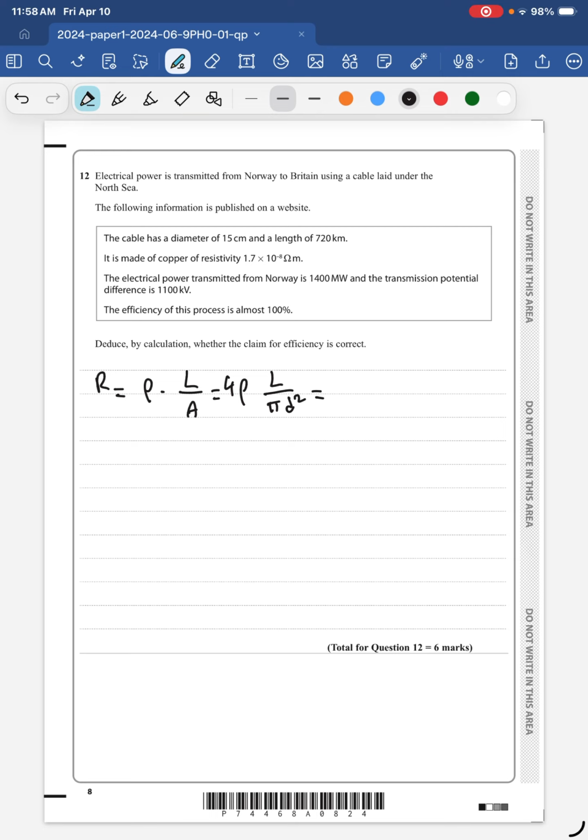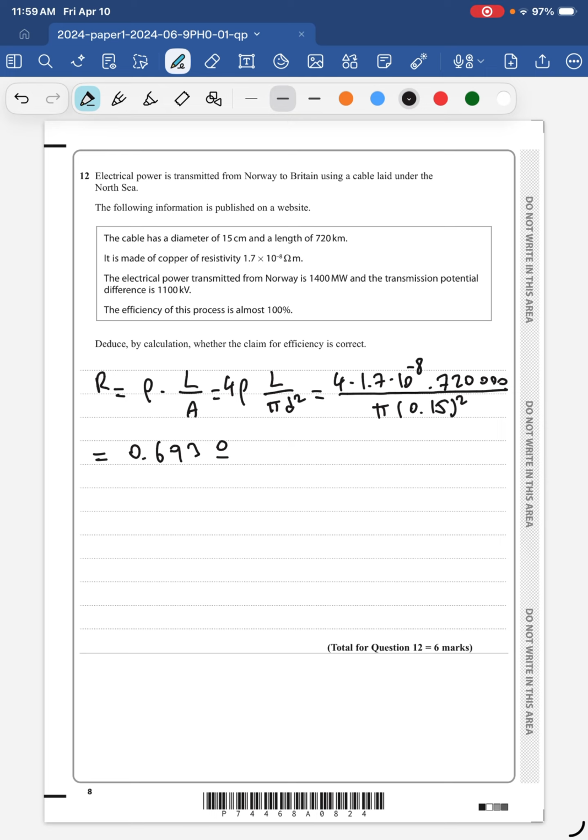So this is equal to 4 times 1.7 times 10 to the negative 8 times the length, which is 720,000 meters, over pi times the diameter squared in meters. So this is simply 0.693 ohms. Kind of low for a very long cable like that.